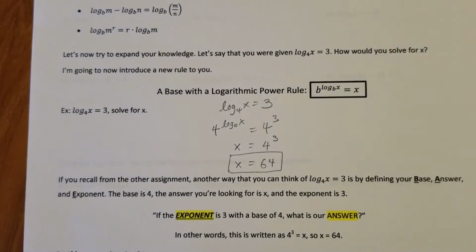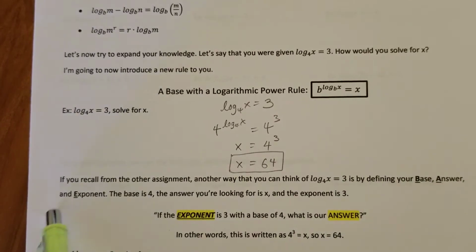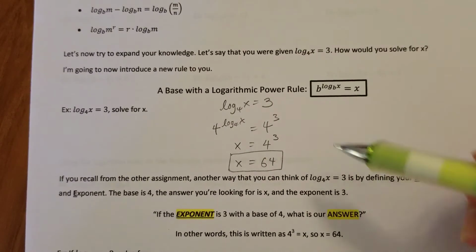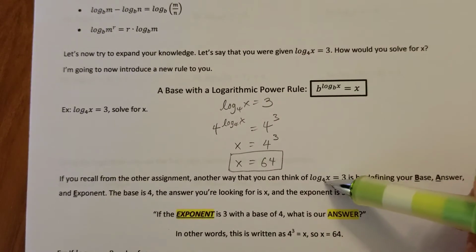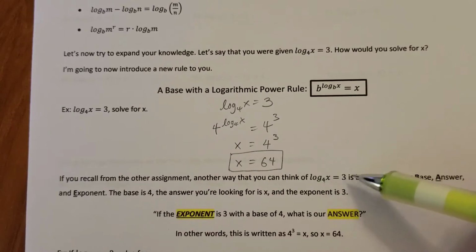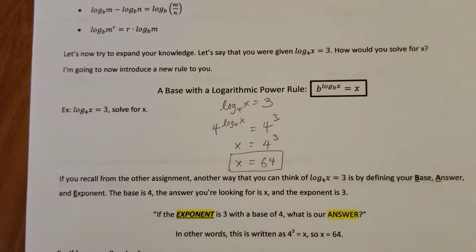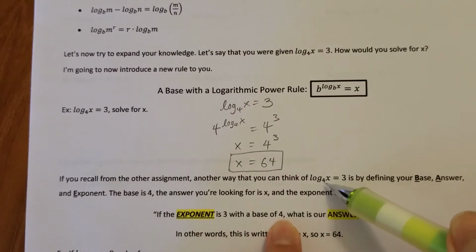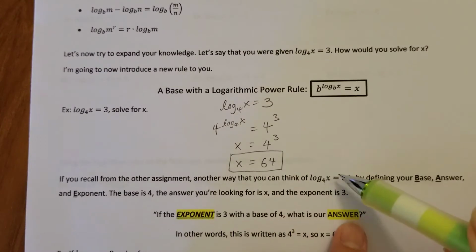If you recall from the other assignment, another way you can think of log base 4 of x is by defining your base, answer, and exponent. If you remember Mr. Cam's method, B, A, E: this is your base, this is your answer, and this is your exponent. If the exponent is 3 with a base of 4, what is our answer?